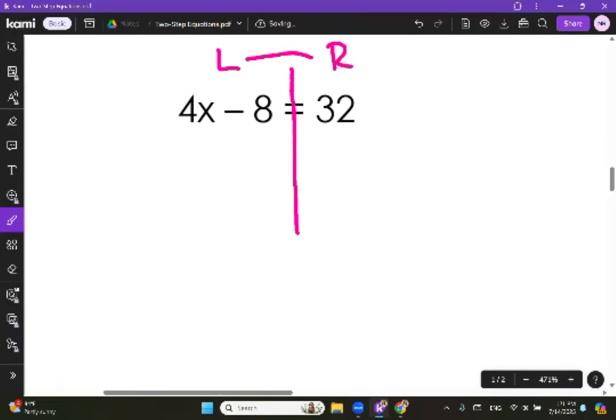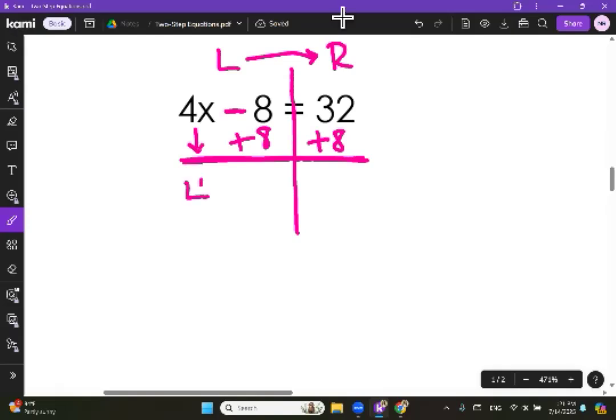X is on the left side. We move the numbers to the right. Between 4 and 8, 8 does not have the letter. A minus 8 changes to plus 8. Draw your line to complete and clean up the step.